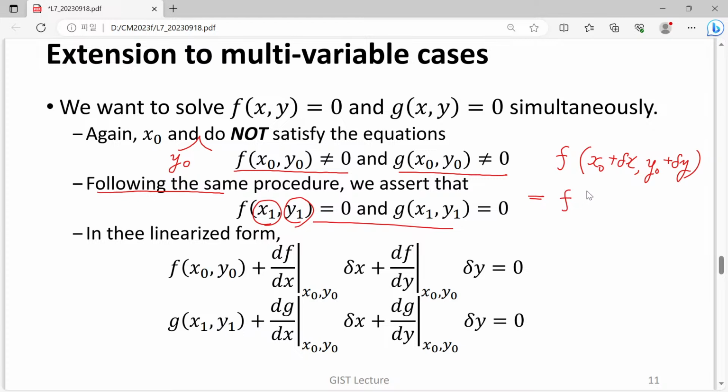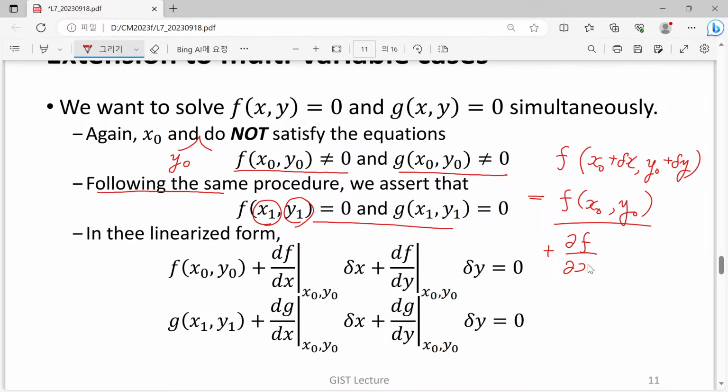So x naught, y naught, this is function evaluation, and instead of first order derivative, now we must take the partial derivative with respect to x and delta x. Also, we introduce the first order partial derivative with respect to delta y. Okay, so are you with me?